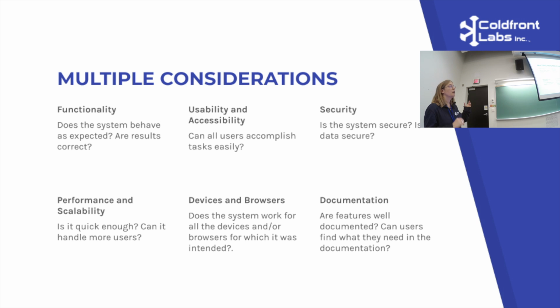These are considerations that should be taken into account. In a minute I'm going to talk about requirements for a system. These need to be taken into account when you're specifying the requirements for your system and for your features, because these items need to be thought of throughout the development process.